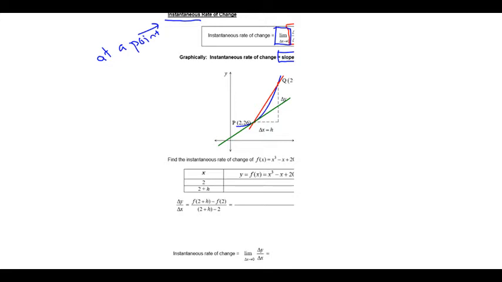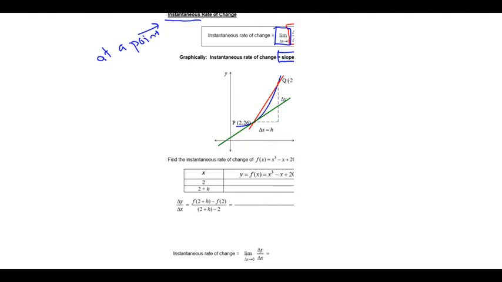So if you look at the graph below, this green line is our tangent line, the line that intersects our graph at exactly 1 point. For example, we want to find the instantaneous rate of change of f of x equals x cubed minus x plus 20 when x equals 2.